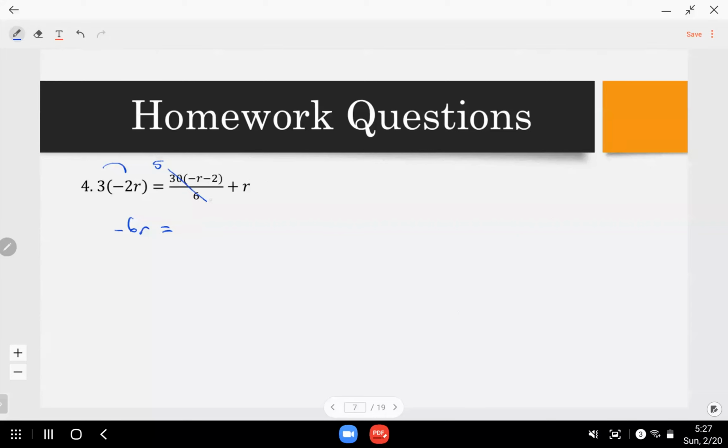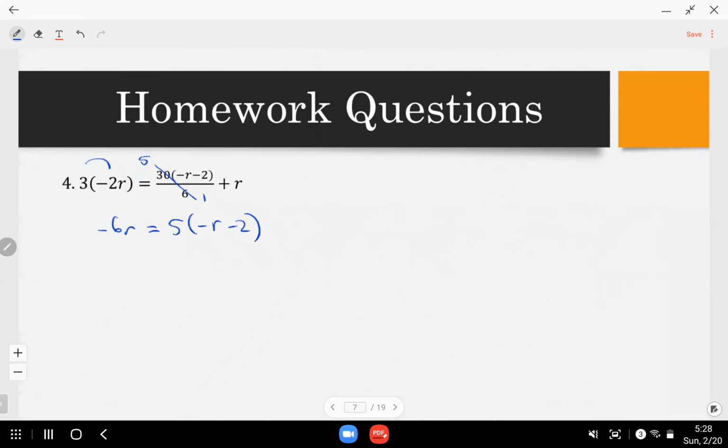So what we're going to get is 5 times negative r minus 2 over 1, right? Because 30 divided by 6 is going to cancel out. You can cross cancel. Basically what we're doing here is 30 over 6 times negative r minus 2 over 1.